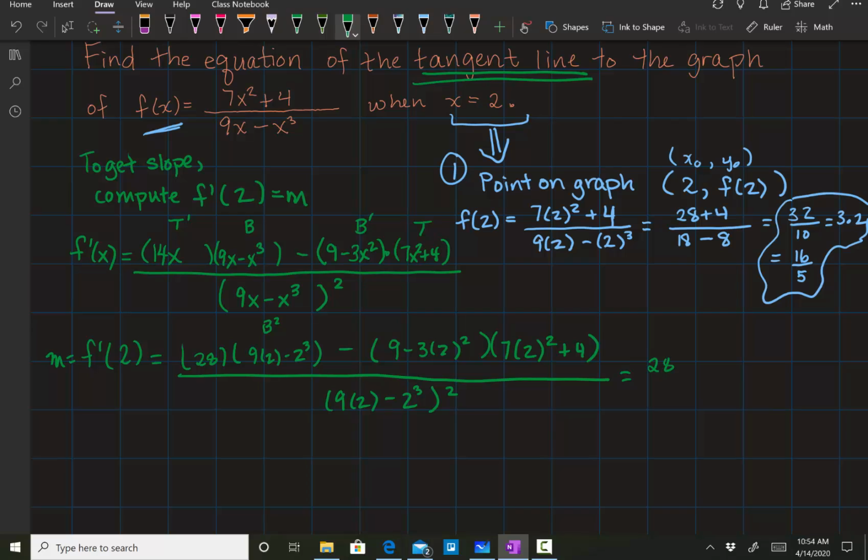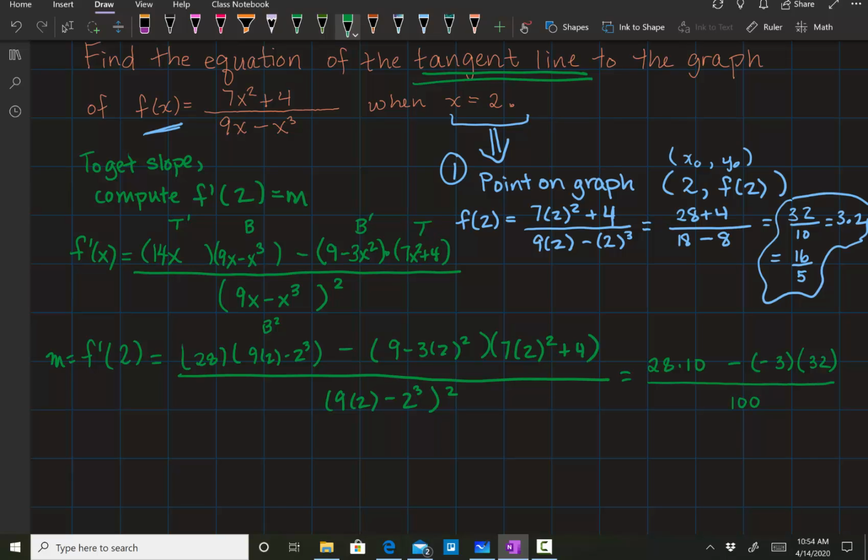And we get 28 times 9 times 2 minus 2 cubed. We did that before, that's 10. Then 9 minus 3 times 2 squared, that's 9 minus 12, which would be negative 3. And then the last term, that's that 28 plus 4 again, so that's 32. In the denominator, we have 10, but we squared it, so actually it's 100.